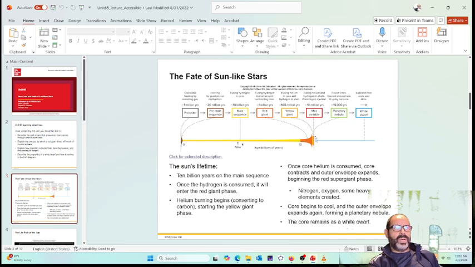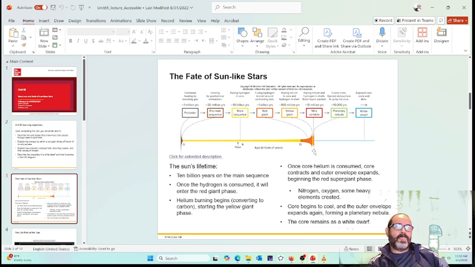Then it's going to go through a Mira variable stage where it fuses these elements and forms more and more, so the luminosity is going to fluctuate a little bit, and then it's going to shed its outer layers. Once it runs out of fuel in its core, both helium and hydrogen, there is nothing to maintain it, so the radiation starts to become too high from the flakes of carbon that form, and that exposes the core of that low mass star.